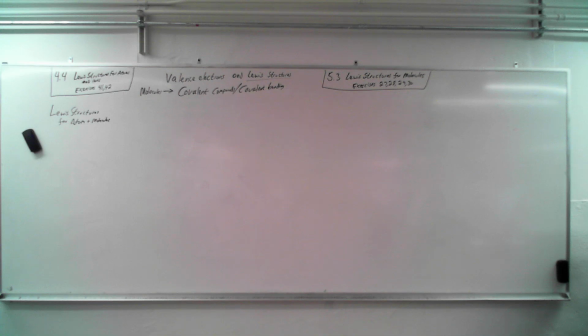If I did fluorine, it would be 7. I would count fluorine: 1, 2, 3, 4, 5, 6, 7. You follow me? I'm going to focus mostly on nonmetals because covalent compounds are made up of all nonmetals. So I'll focus mostly on these.